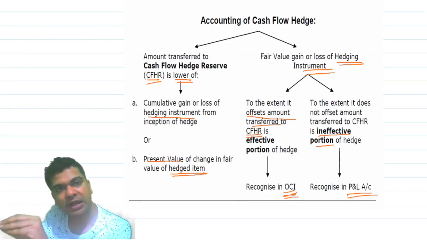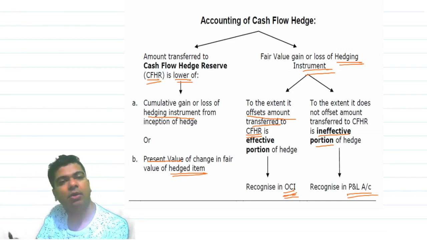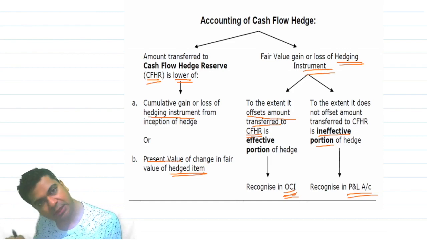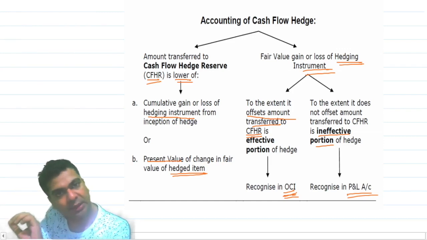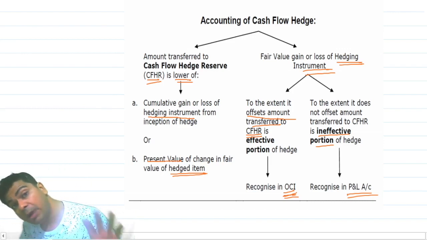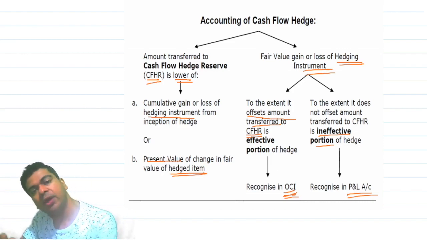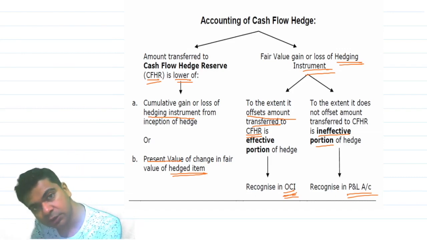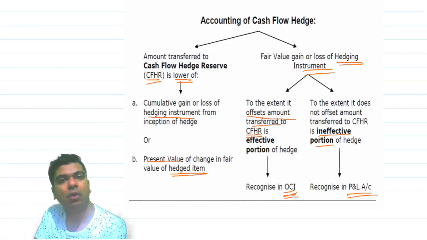So if the amount transferred to the cash flow hedge reserve is 50,000 and the fair value gain or loss of the hedging instrument is also 50,000, they are offsetting each other. Then this 50,000 will be recognized in other comprehensive income. If the amount transferred to the cash flow hedge reserve is 50,000, but the fair value gain or loss of the hedging instrument is anything other than 50,000, then either there will be under hedging or there will be over hedging.